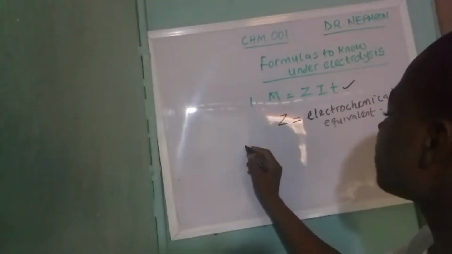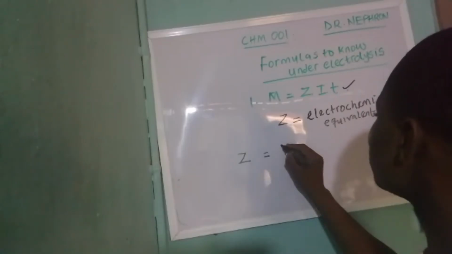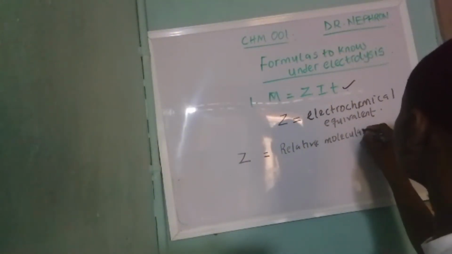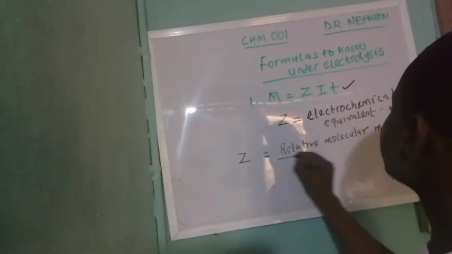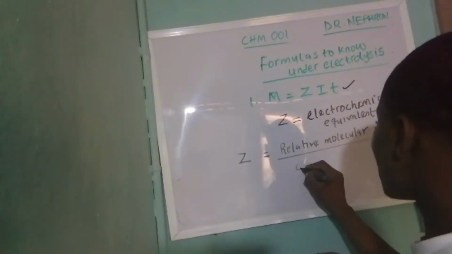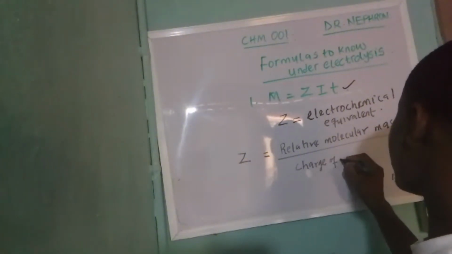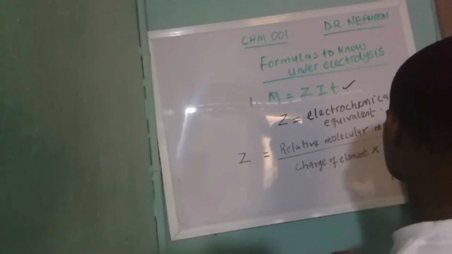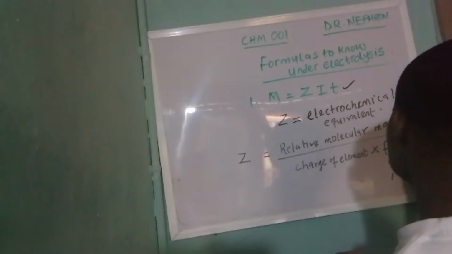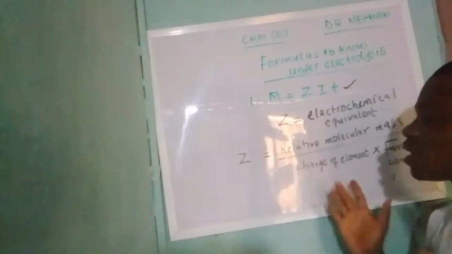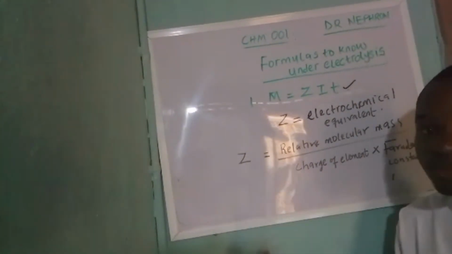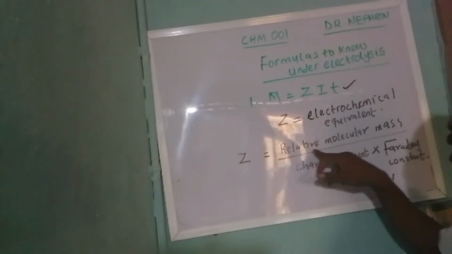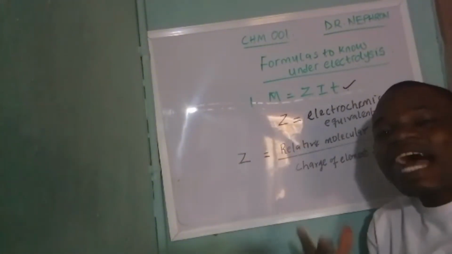The electrochemical equivalent Z is equal to the relative molecular mass divided by the charge of the element multiplied by the Faraday constant. Some of you might know it, while some might not. The charge is the charge possessed by the element.